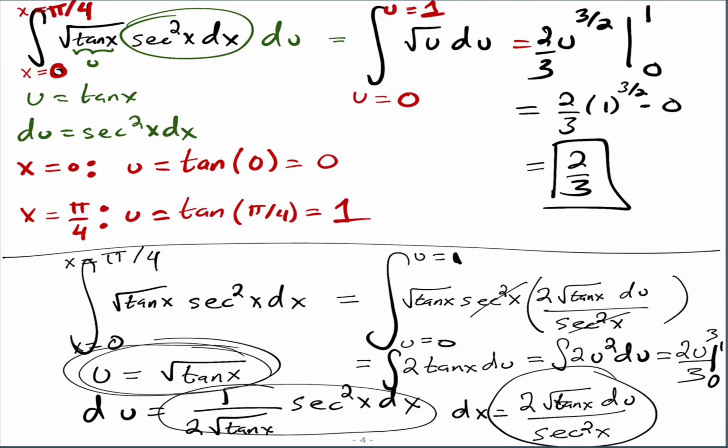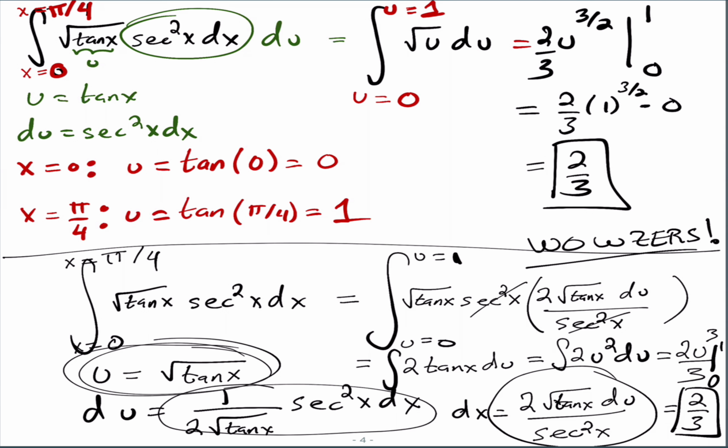So what do you think? 2/3. Look at that. Wowzers. Okay, so the answer to the question is actually not because it's wrong. The answer to the question is it doesn't matter. You can do either one. So both work. But the second one is a little bit crazier, right? But it works. So that's fine. Whatever floats your boat.